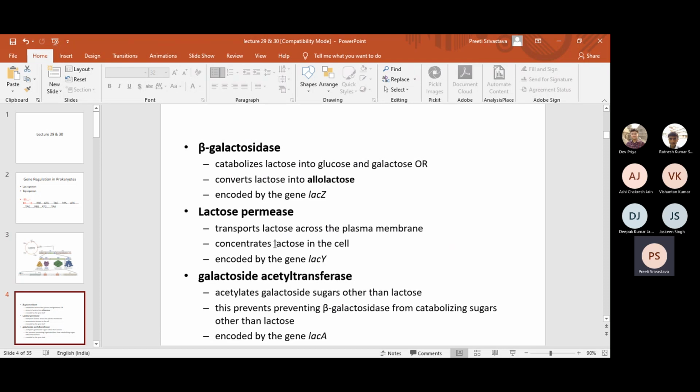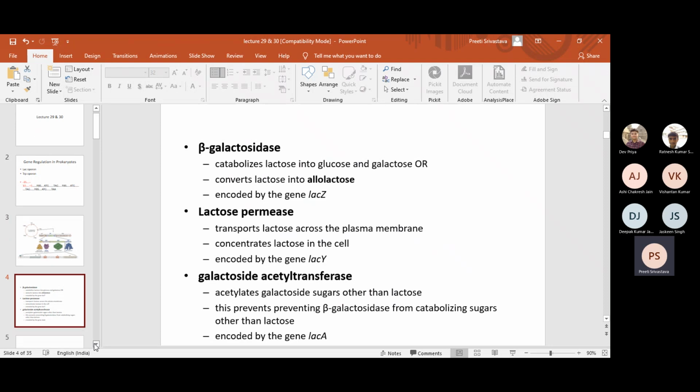Lactose permease is for the uptake of lactose, and galactoside acetyltransferase's function is still debated, but the textbooks say that it acetylates galactoside sugars other than lactose.